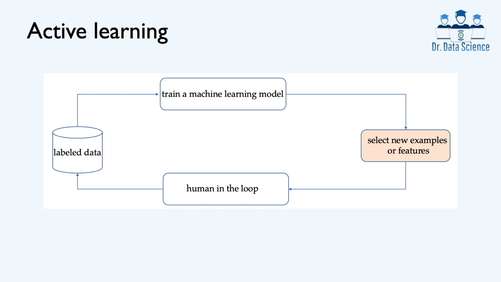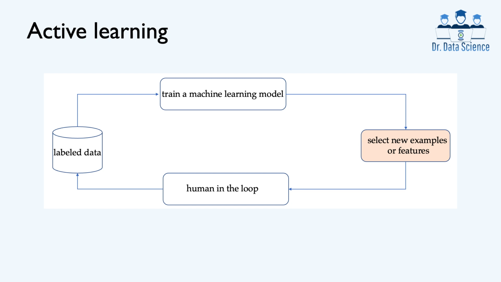Here I explain a general approach known as active learning for connecting data collection and predictive modeling together. As you see here, we start with a set of labeled data points or training data, and then we use this training data to develop a machine learning model, for example, a regression model or a classification model.